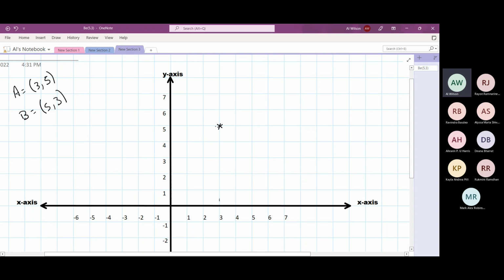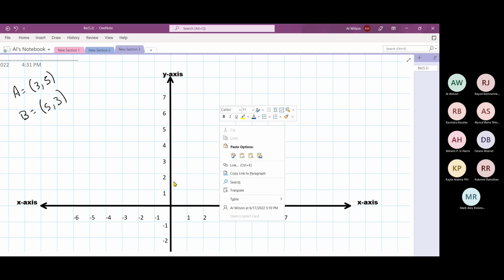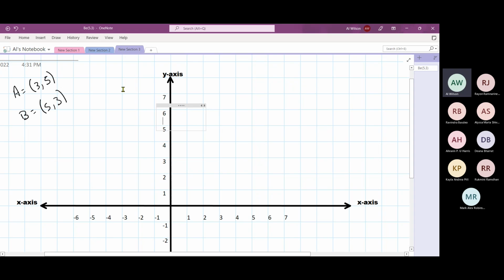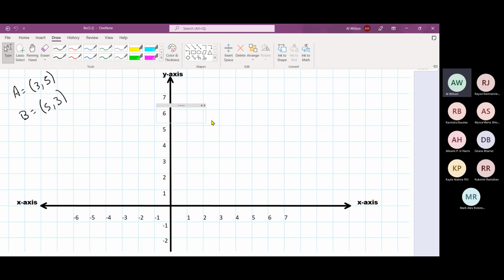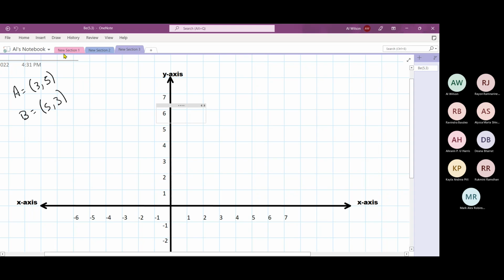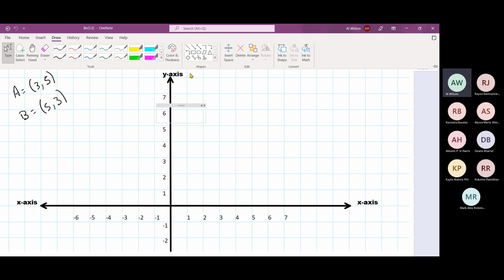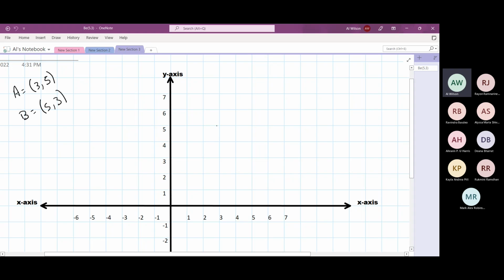Outside of the star, some persons would probably do something like that. I can't really press down too hard on this pen, so I'm going to have to use the star because the pen is so sensitive right now. Good, right? Now that's A.